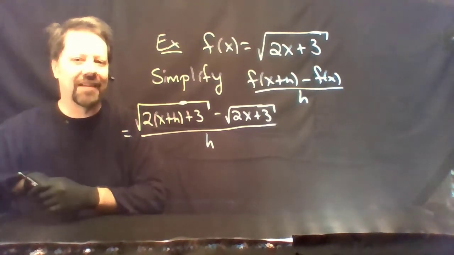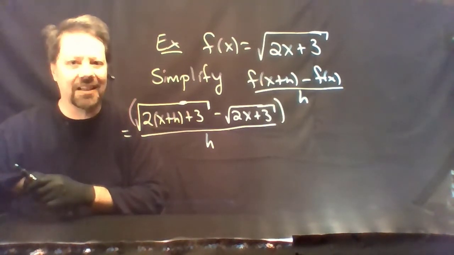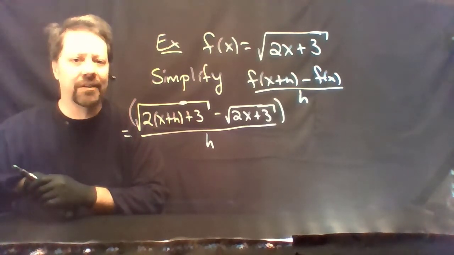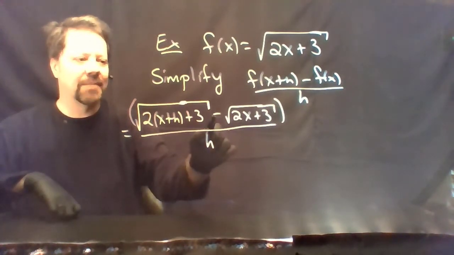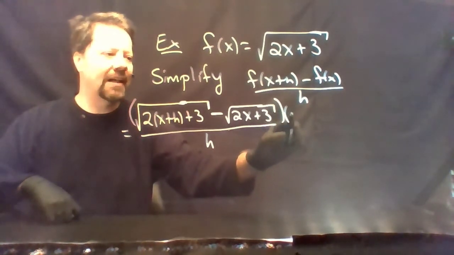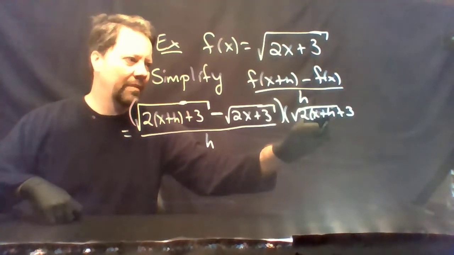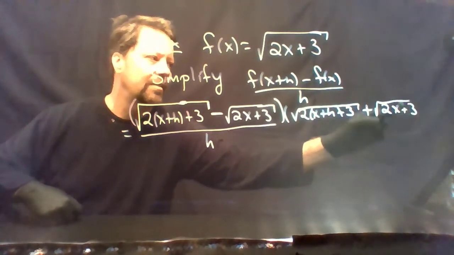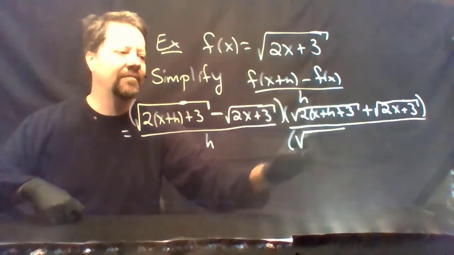Now, how do we simplify this expression? This involves a classic technique called rationalizing the numerator by multiplying top and bottom, numerator and denominator, by the conjugate. The conjugate is obtained by switching the sign in the middle between the two terms. In this case, we need to multiply top and bottom by the square root of 2 times the quantity x plus h plus 3 plus the square root of 2x plus 3 over the exact same thing.